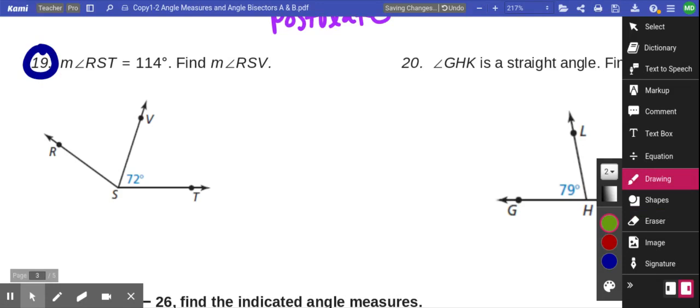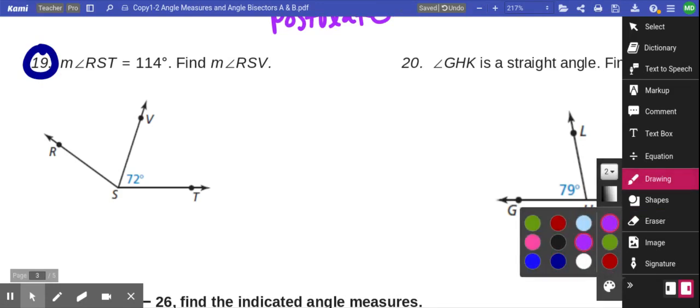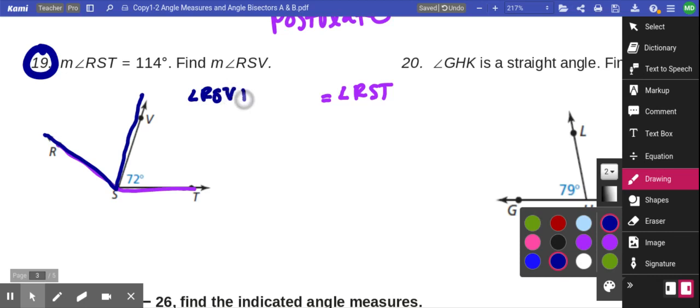If we look at this next example, then we know that the measure of angle RST, that is angle R to S to T, is equal to 114 degrees. I know that this whole angle, angle RST, is made up of two parts. My first part is angle RSV, and my second part, angle VST.